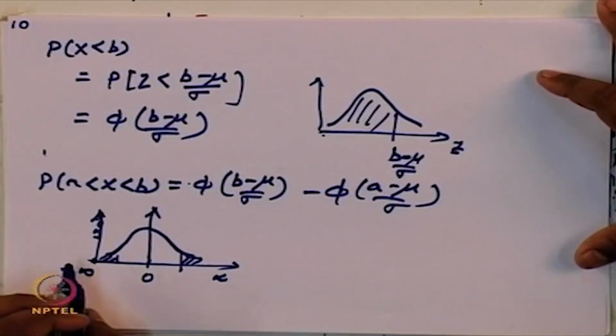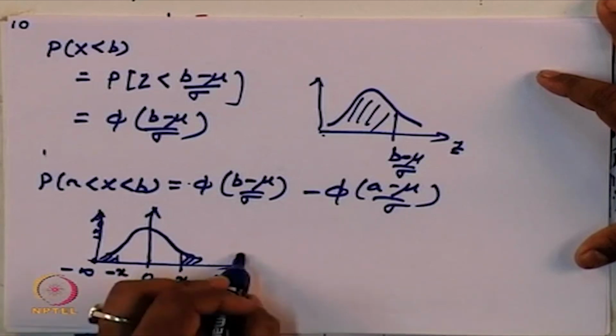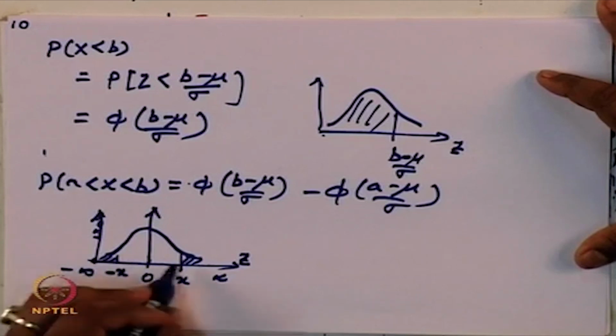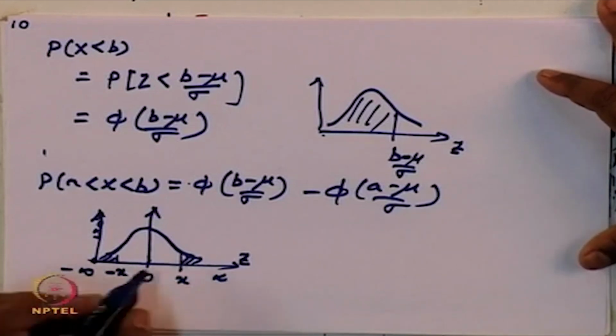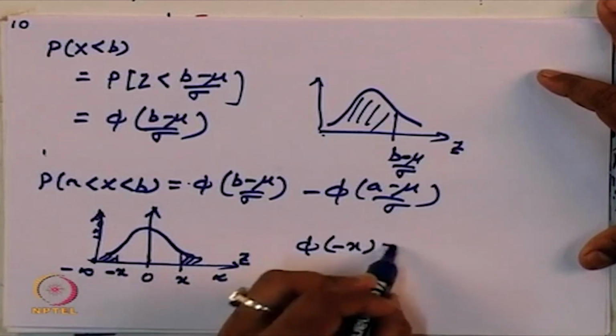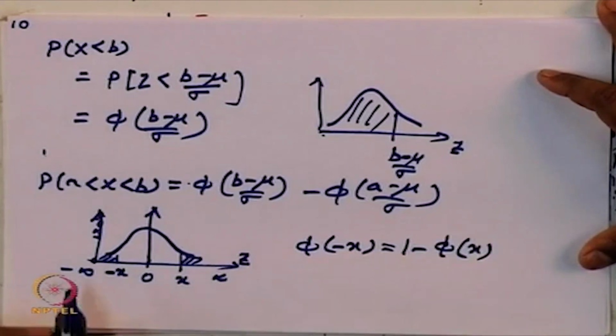In other words, let us say this is the value of x and this is minus x. This is your z axis. So for phi of minus x, this area and this area are exactly the same. So, I can write phi of minus x is equal to 1 minus phi of x.